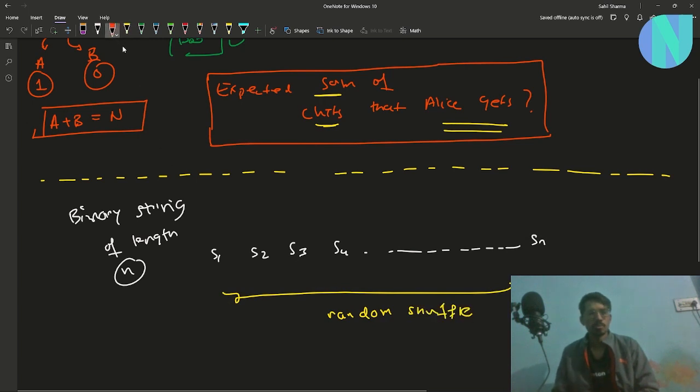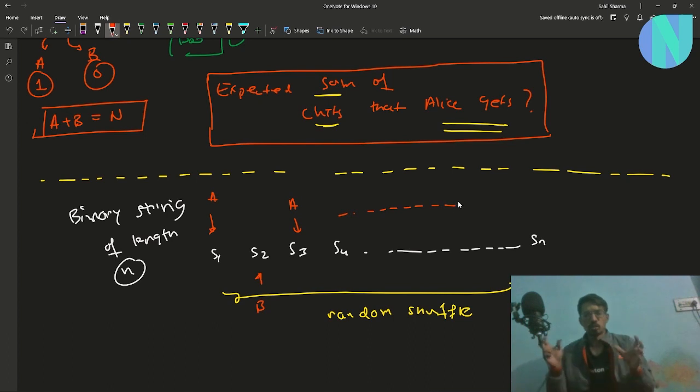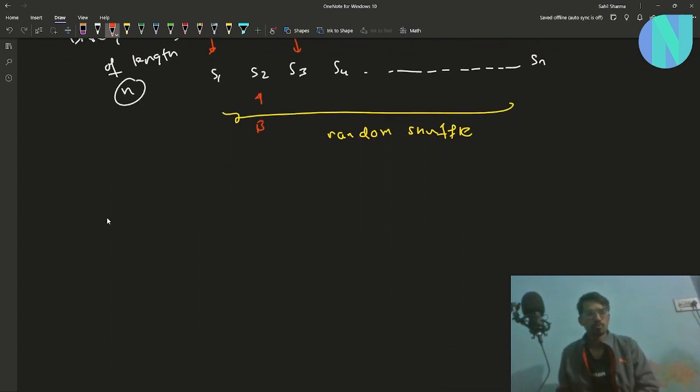Then you can say that your game is just equivalent to: Alice will take the first character, Bob will take the second, Alice will take the third, and so on, right? So that's how you can visualize the game. You can see a random binary string. Alice will take the first character, then Bob will take the second, and Alice will take the third. Then you can redefine your score. You can say the score of Alice is just the sum of characters at odd indexes, right?